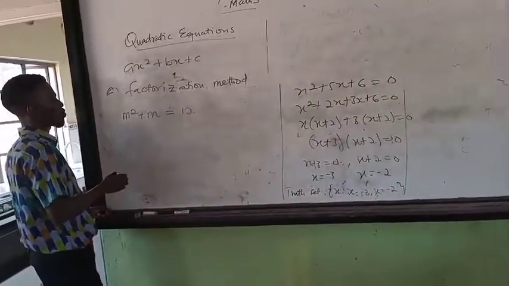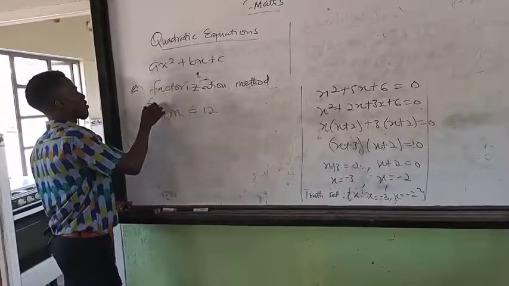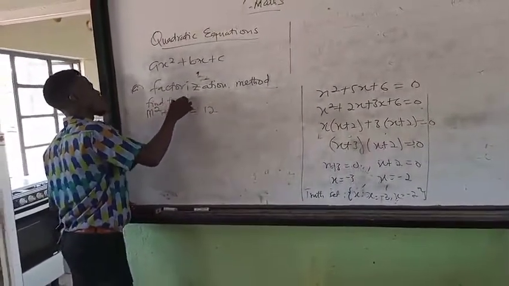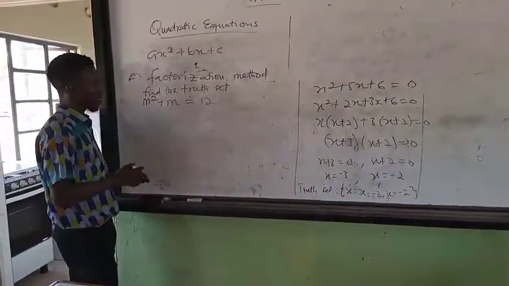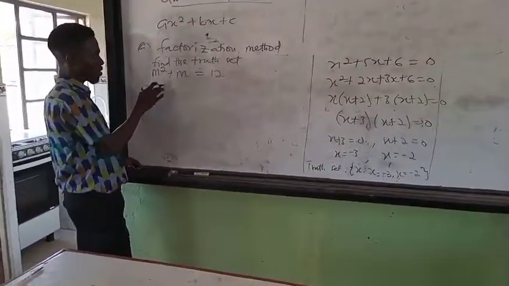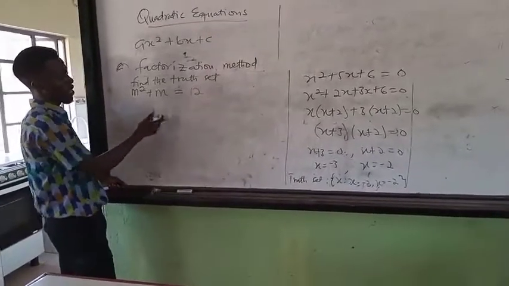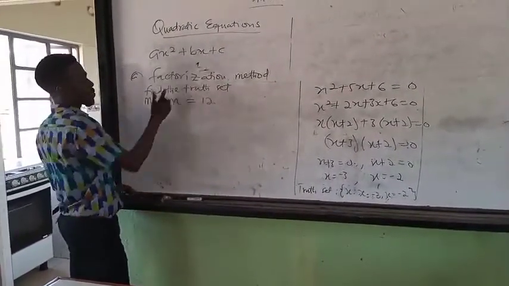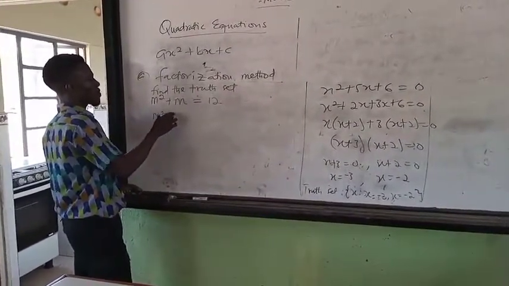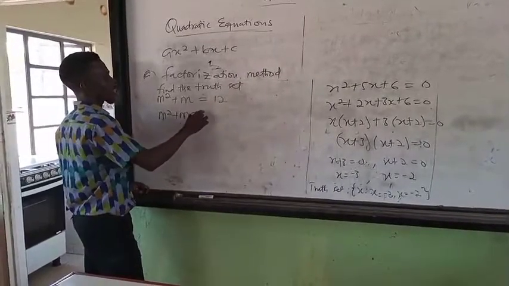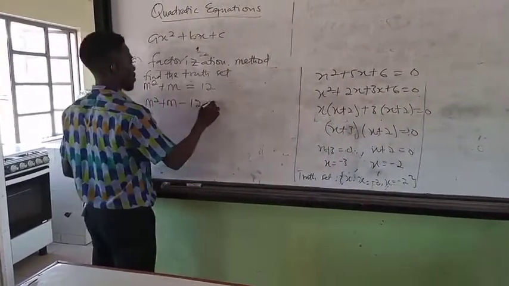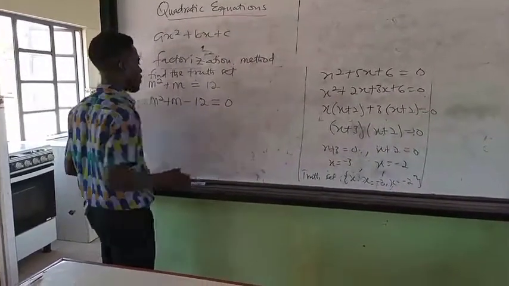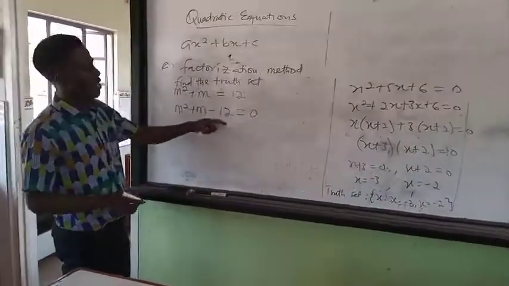And he has to find the truth set. To find the truth set of m, given this, you cannot solve it straight away unless you write it like this equation. We have m squared plus m minus 12 is equal to 0. Now you still look for the factors of 12.